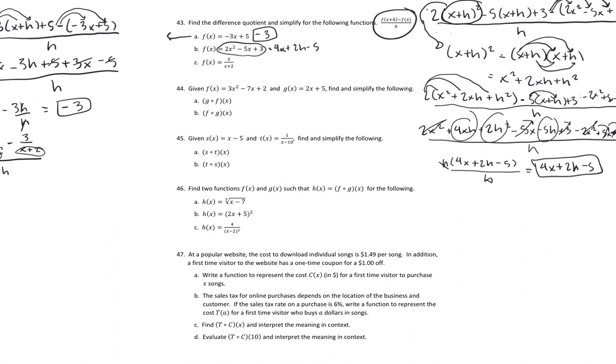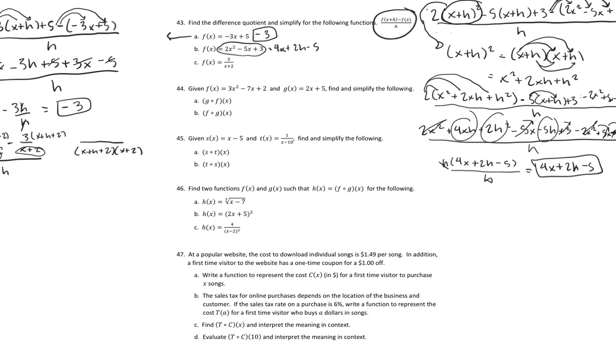So we can just combine those and make a common denominator of x plus h plus 2 times x plus 2. And so then, if we do that, that means we're going to have to multiply this side times x plus 2 and multiply this side by x plus h plus 2.